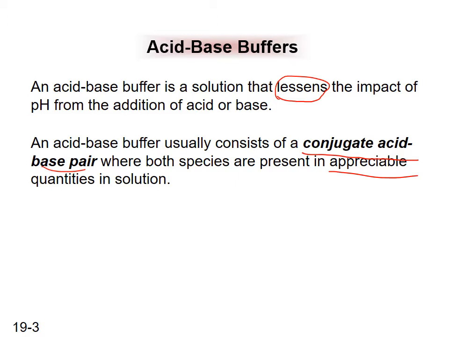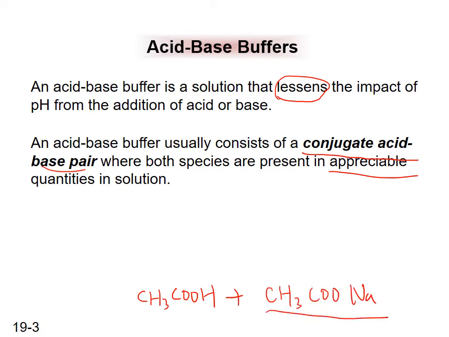An example is acetic acid combined with a similar amount of sodium acetate. Okay, so this is a salt. The acetate is the anion of this acid, and this is a weak acid. Okay, and this is a conjugate base.